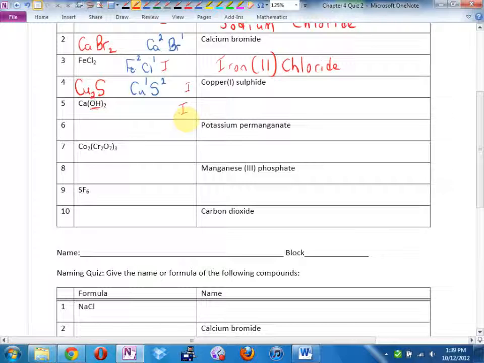No? Oh, great. So I don't need Roman numerals. So I'm just going to write for my answer calcium. What is OH? Hydroxide. Half mark for the calcium, half mark for the hydroxide.